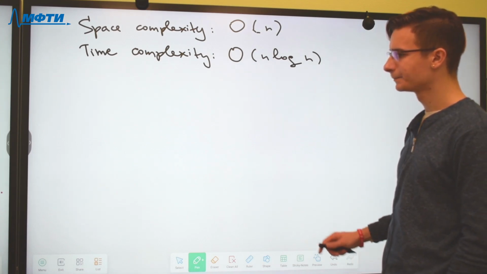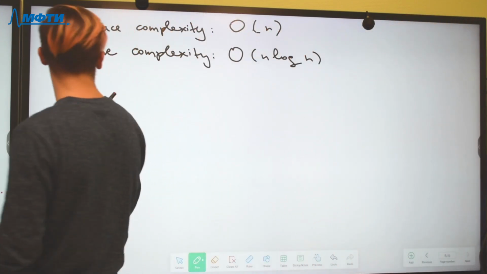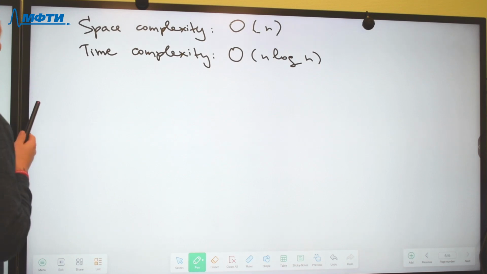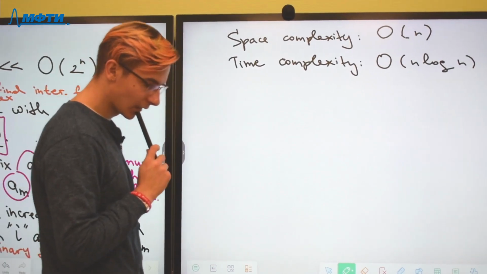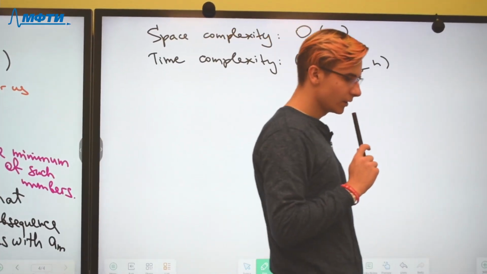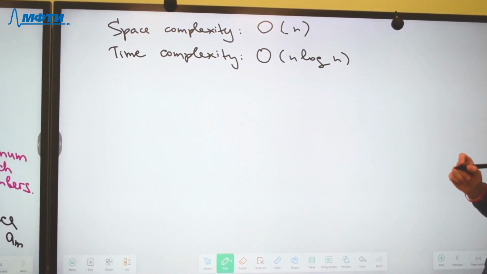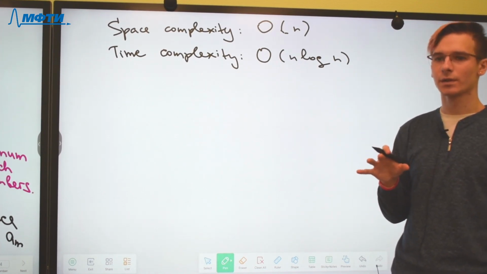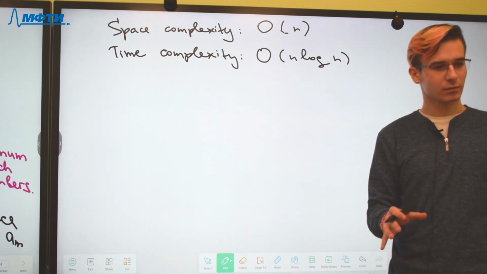And of course, the difference between this algorithm and the previous one is that in the previous we store iterators, yeah, we store indices of, we store lengths, yeah.